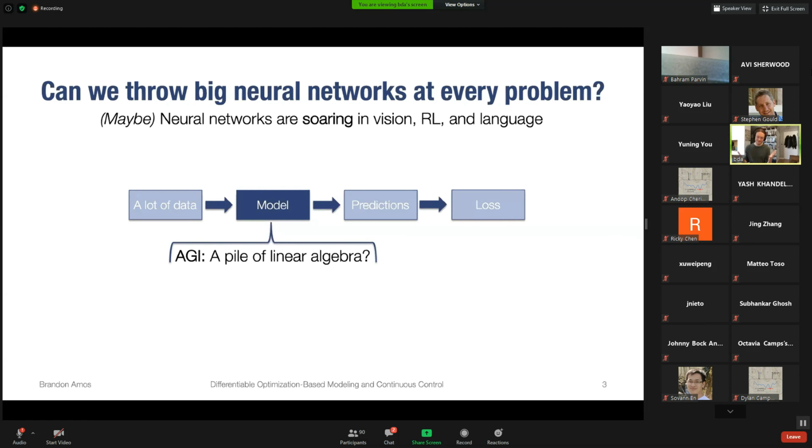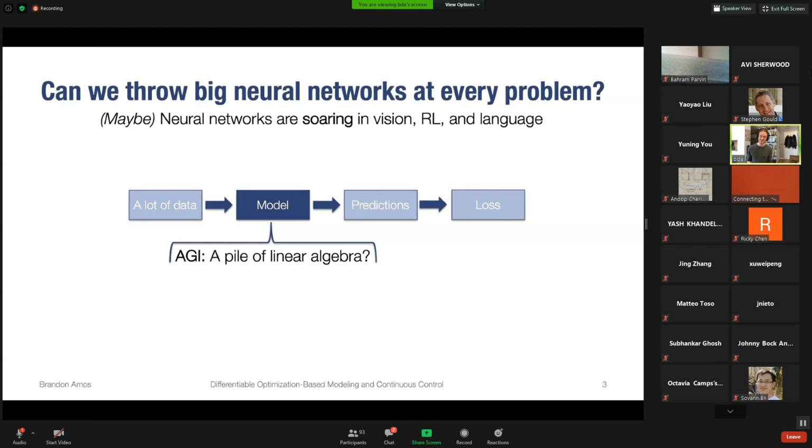And so maybe in settings where we have a lot of data and where we know the right pieces of modeling tools to throw at it, and we don't necessarily care about interpretability or some kind of really out of distribution generalization, then maybe it's okay to just throw a big neural network at your problems.